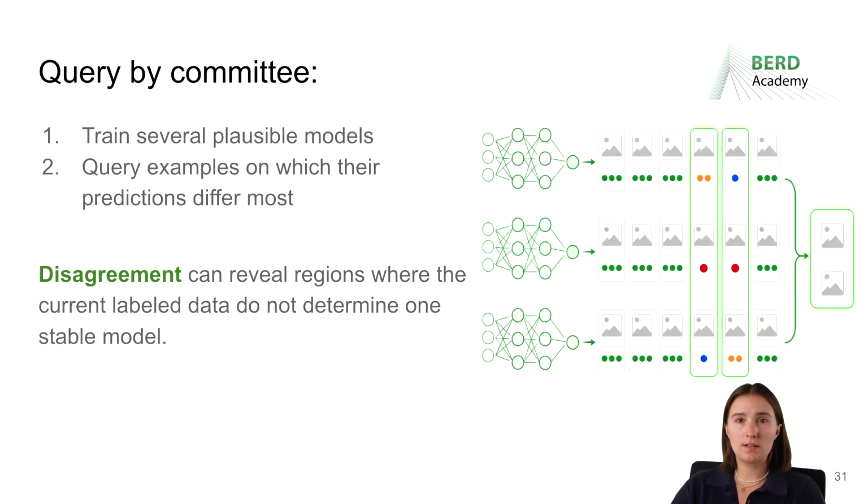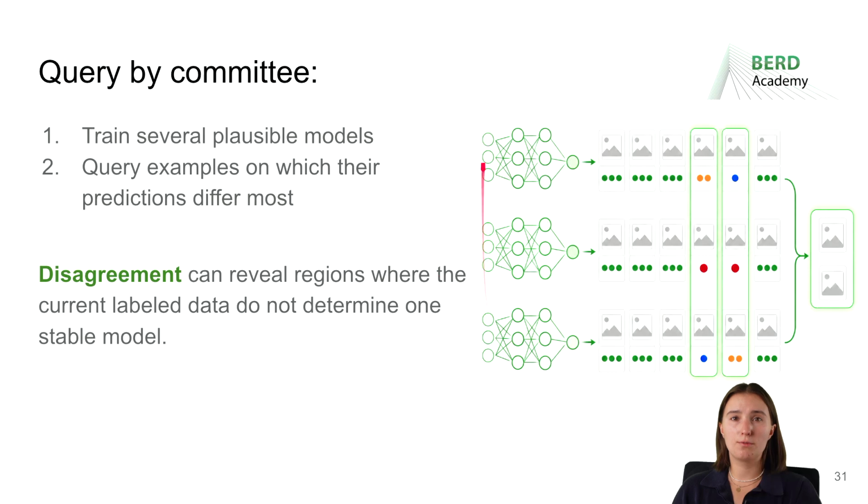Another way to choose the next examples is query by committee, where you can train several plausible models, which could, for example, be neural networks with different initializations. And then we query those examples on which the predictions differ the most.